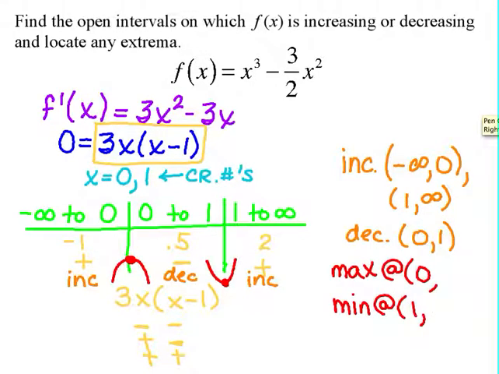So now I need to figure out the point on the graph where it occurs. So where am I going to plug that in? I'm going to plug it into the original equation. You do not plug it into the derivative, because you want to find where that specific point occurs. So you're going to plug 0 into this equation right here. So the max will be at 0, 0.